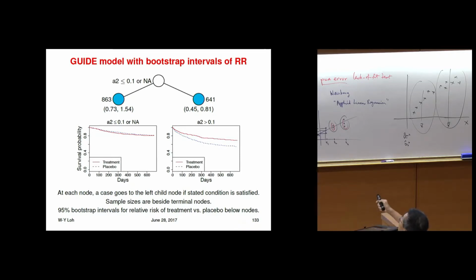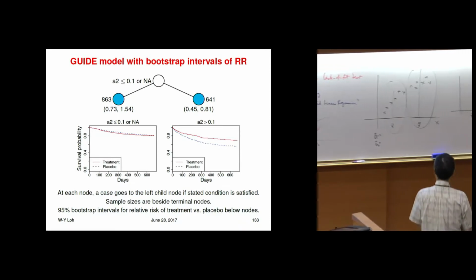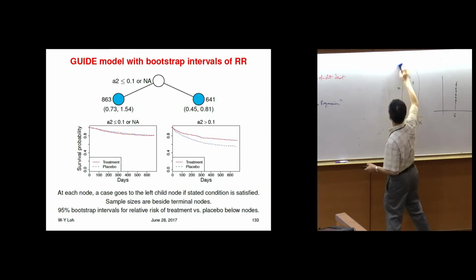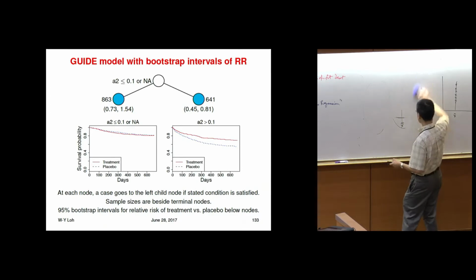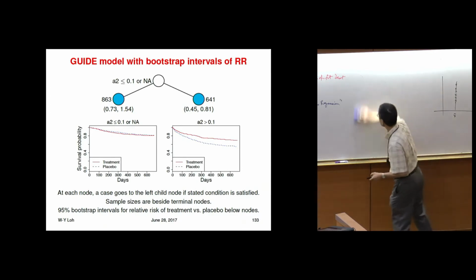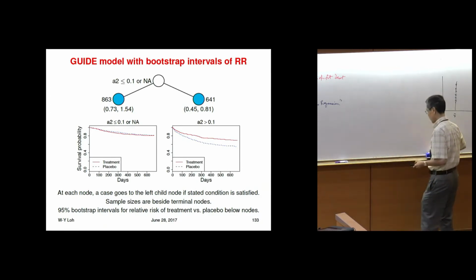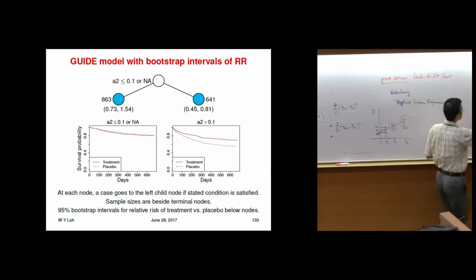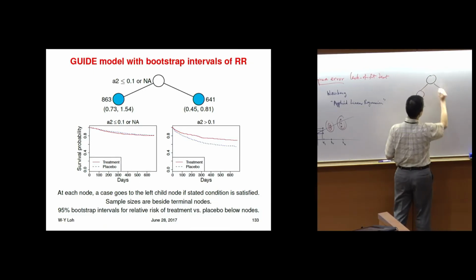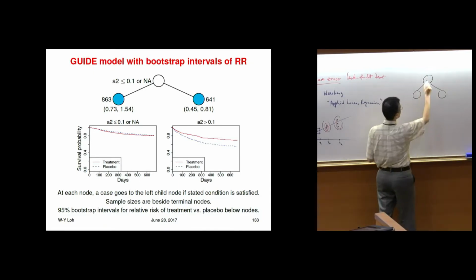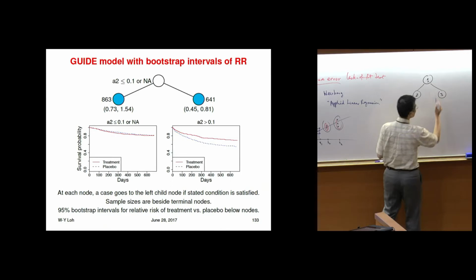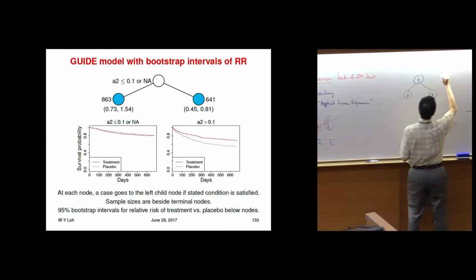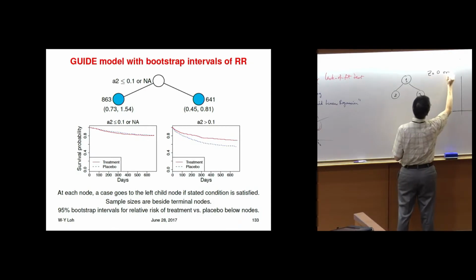I think maybe, if I forget about relative risk, a simpler case is when you just have Y and not censored. So suppose we have a tree like that. So it's node 1, node 2, node 3. We have a treatment, Z equals 0 or 1.